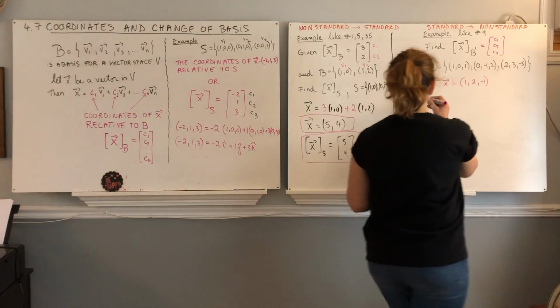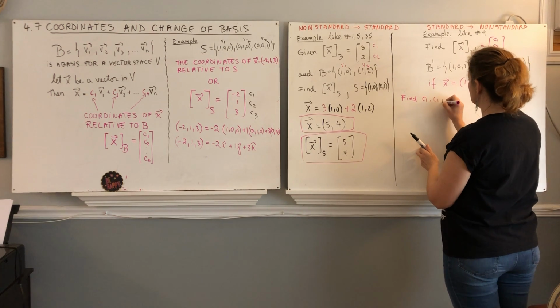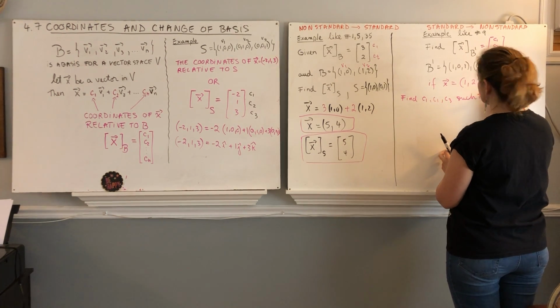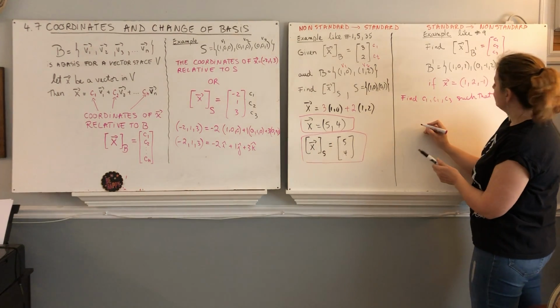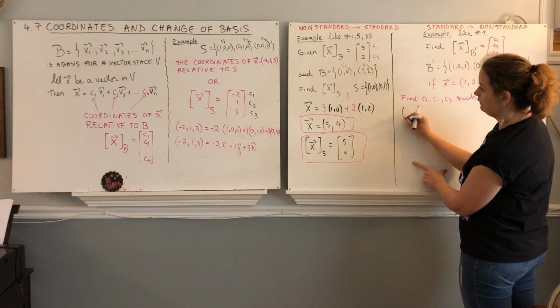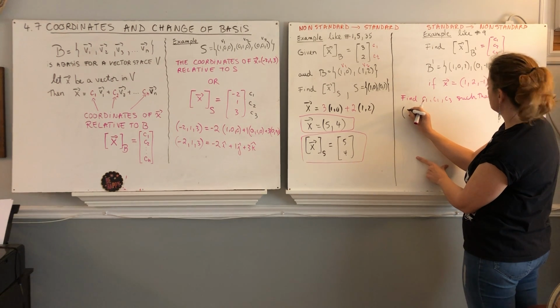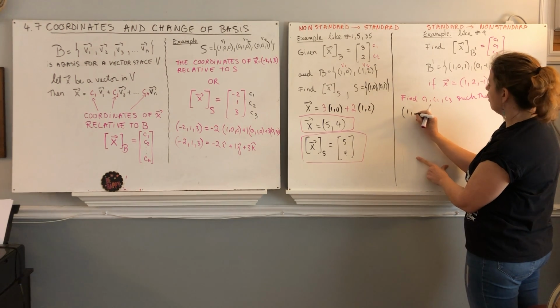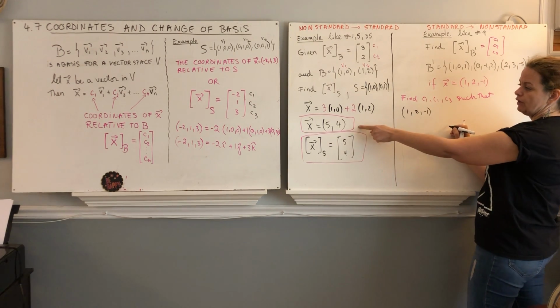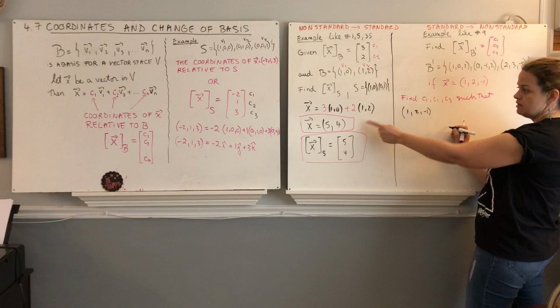So we're going to find C1, C2, and C3 such that we are going to express the vector 1, 2, negative 1, which is written relative to the standard basis, like this one, right?